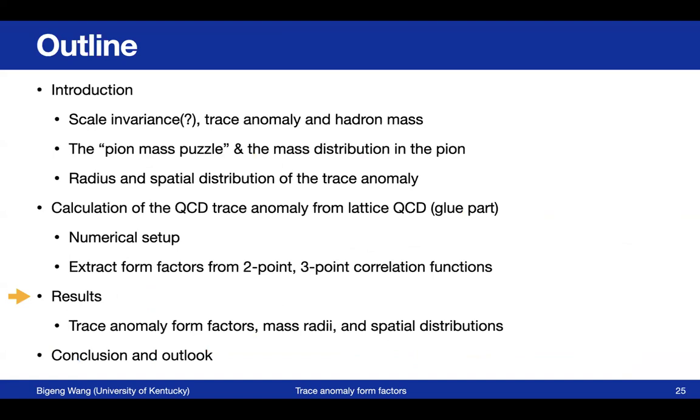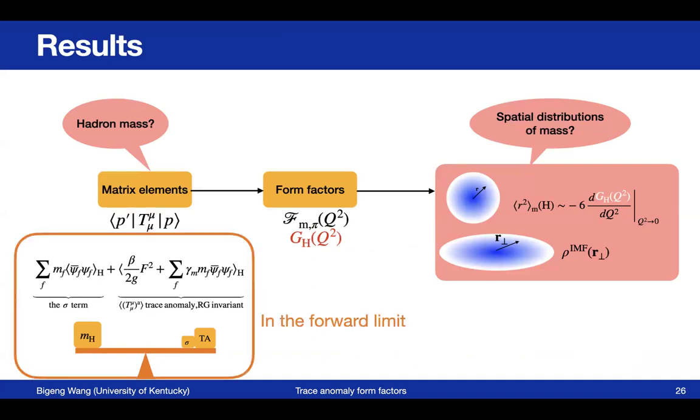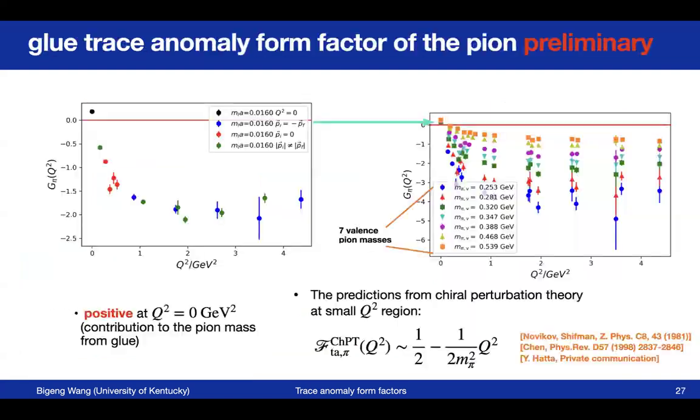Okay, so now I've gone through all the formalism we use to extract these results, and I'm going to show the results we have. First, I would like to show something related to the hadron mass, especially something we're interested in: the trace anomaly in the forward limit, for the operator F squared that we have. So first, here's one of the quark masses.